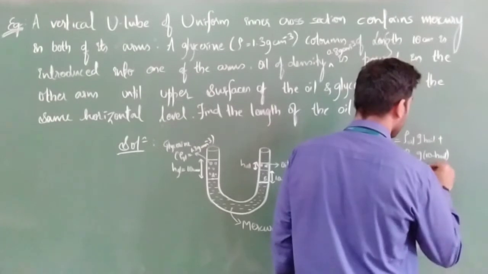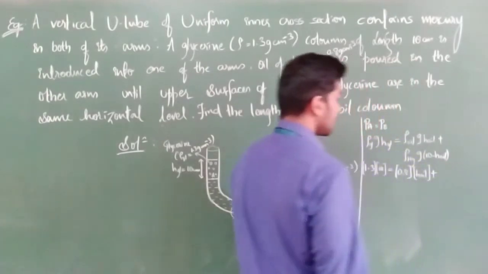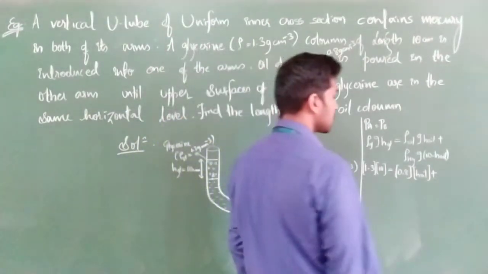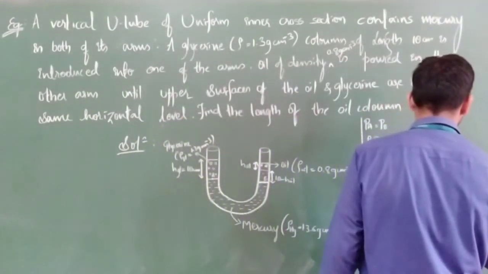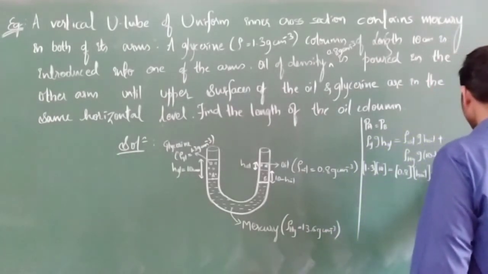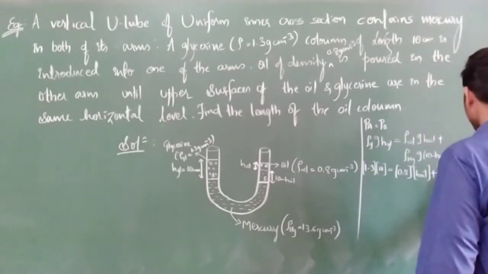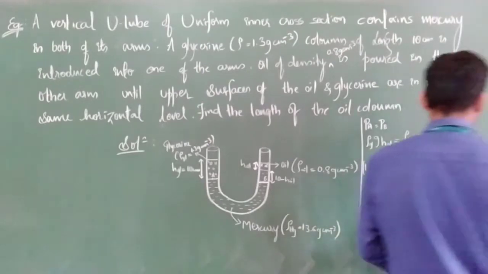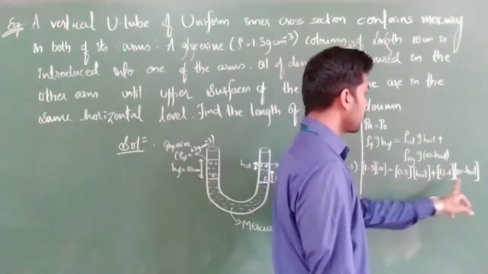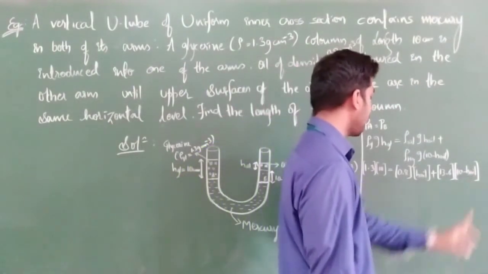Plus density of mercury, that is nothing but 13.6, into 10 minus H oil. Can you see this? 10 minus H oil, clear. So simply you want the H oil value.